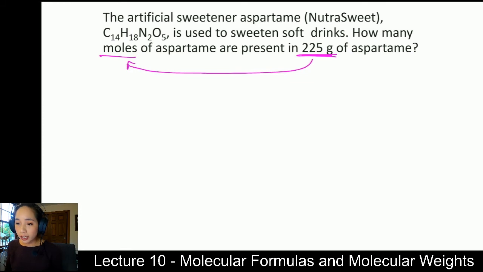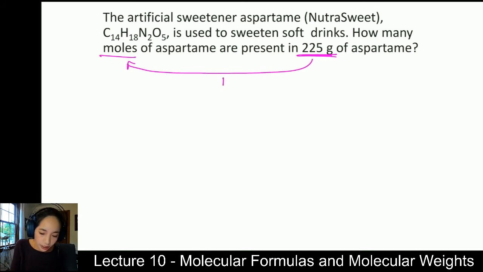If you look at that roadmap, in order to get from grams of a substance to moles of a substance, we need molar mass. Because this is a compound, we need to take that extra step and calculate the molar mass of the compound. Thankfully, they give us the chemical formula, so it should be pretty straightforward.